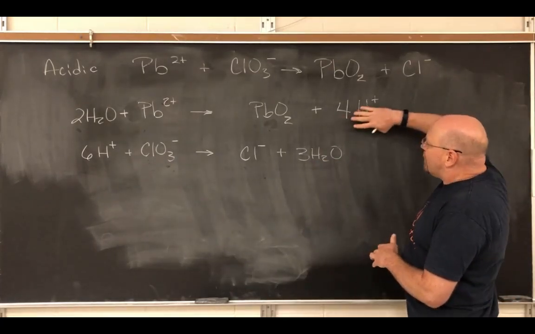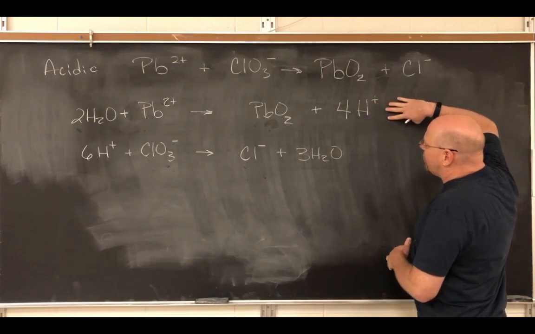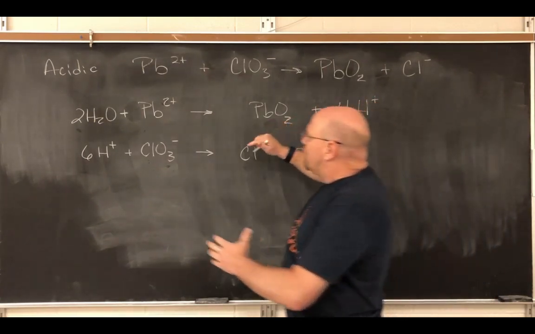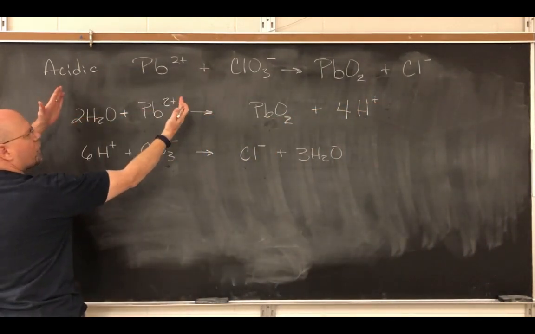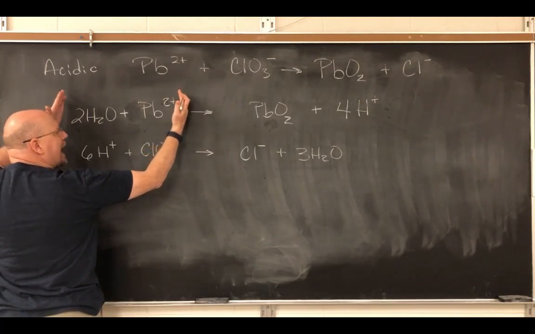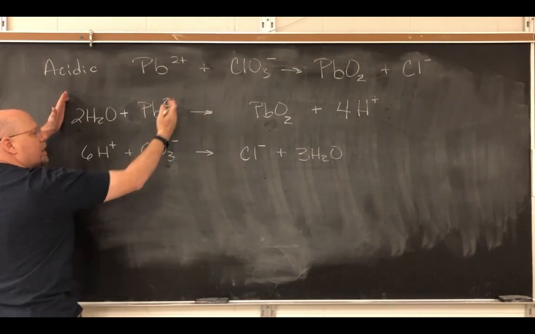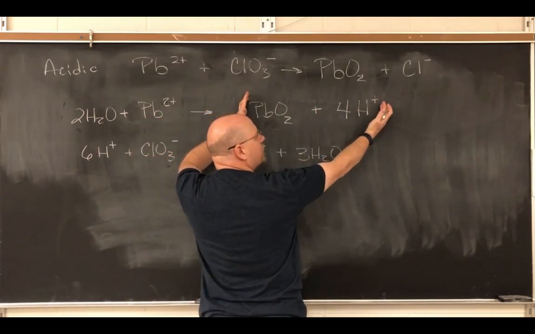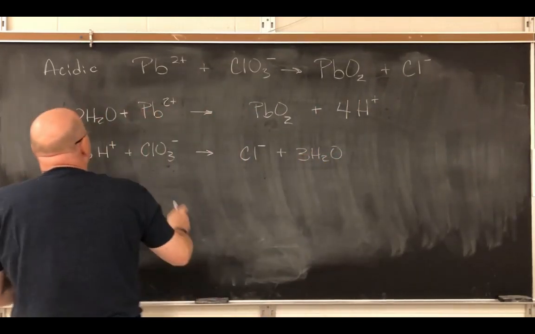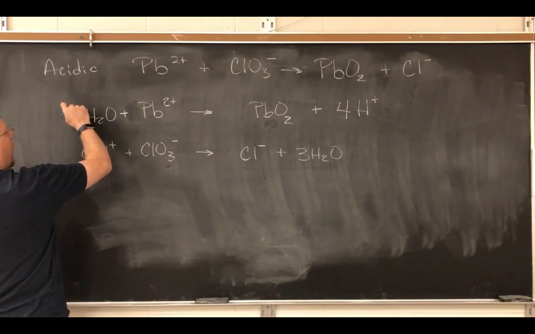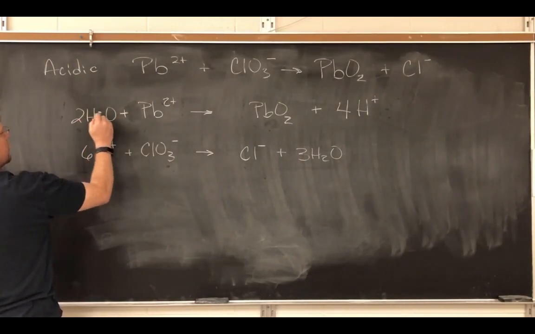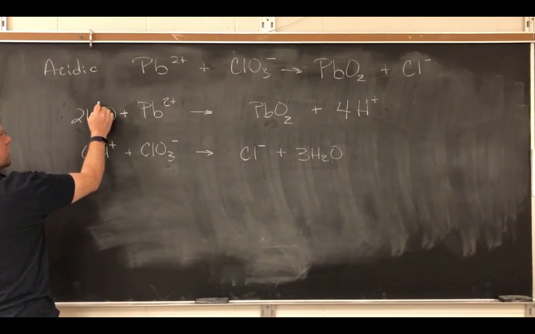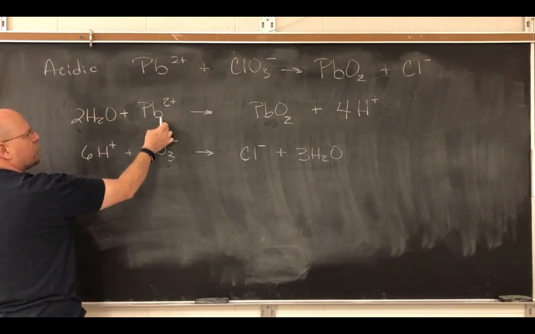So when we look at these half reactions, let's start with this one. We've got to look at what is the overall charge of our reactant side and compare that to the overall charge of our product side. Now, this molecule is neutral, and this lead is a 2+.